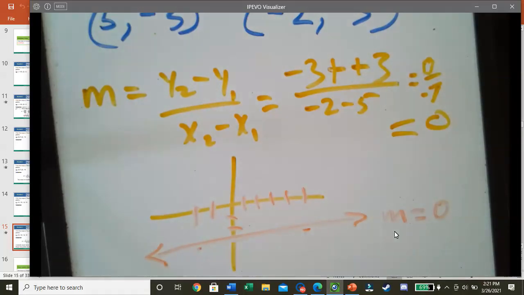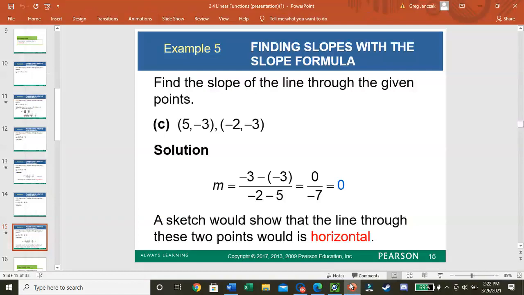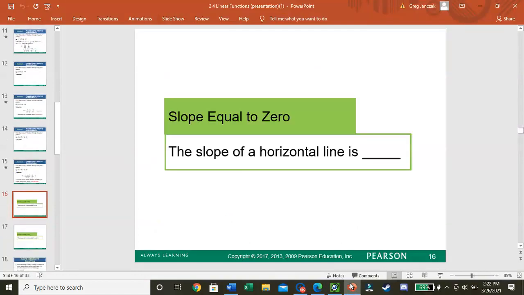Whereas if you're vertical, there's no change in x, so you can't measure change in y over change in x, so it's undefined. The slope of a horizontal line is 0.